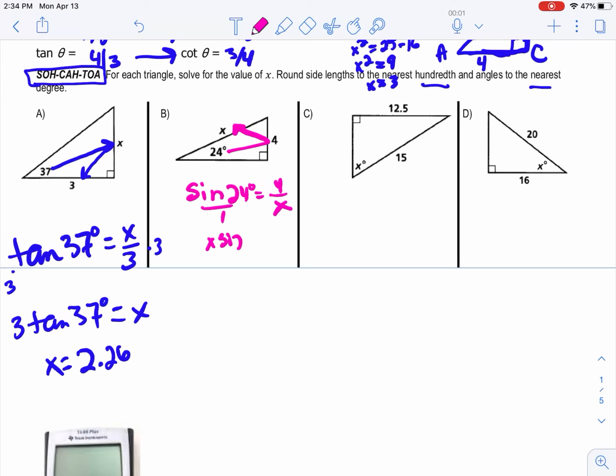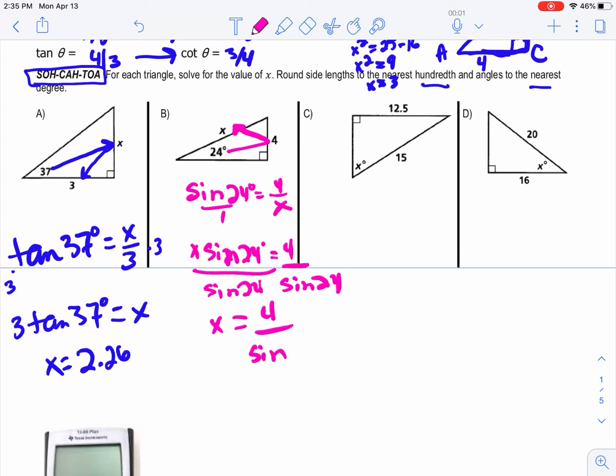So x sine of 24 equals 4. But now I want to get x by itself, so I'm going to divide by sine of 24 on both sides. So x equals 4 over sine of 24 degrees.